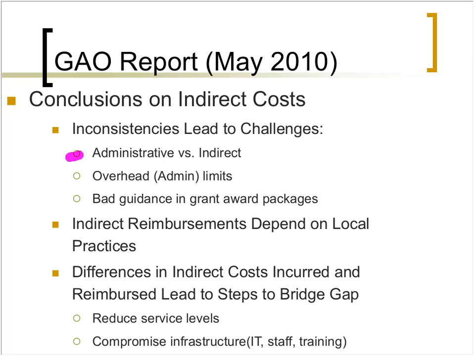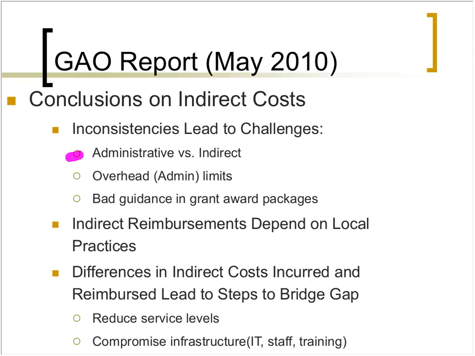In general, and this is certainly a confusing topic, no doubt, administrative is a function. Administrative expenses are the costs of leadership, human resources, finance, IT, or technology. Indirect is really a method of allocation, the opposite of a direct charge. It's an indirect charge. So you can have indirect charges that are administrative costs.